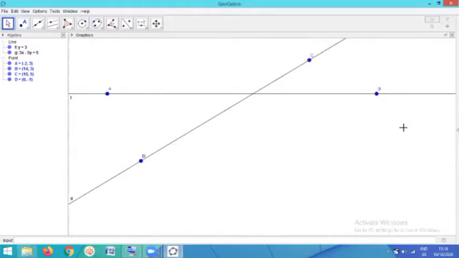So that forms the two intersecting lines in GeoGebra.